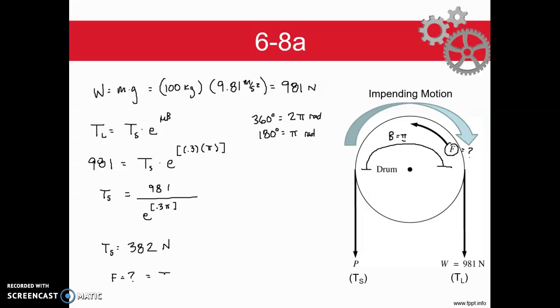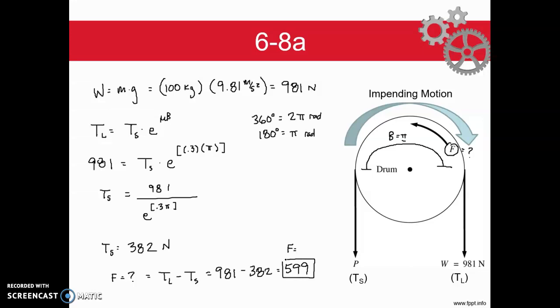So if I wanted to know the friction, what is the friction force? The friction force is just going to be equal to the large tension minus the small tension. So that's just going to be equal to 981 minus 382, and that's equal to 599. So the problem wasn't really asking for this, but I just want to throw that in there.